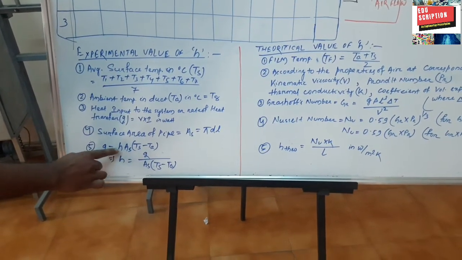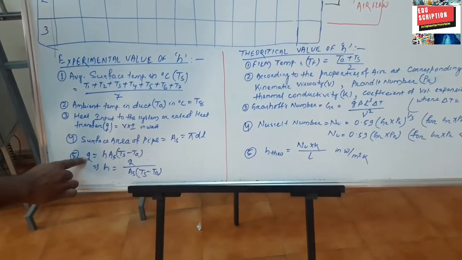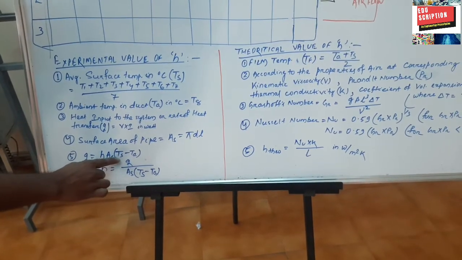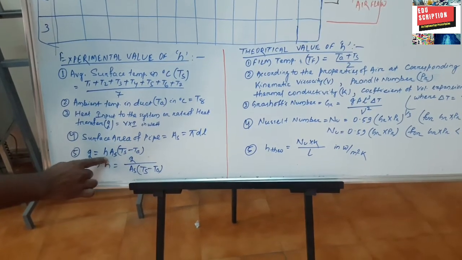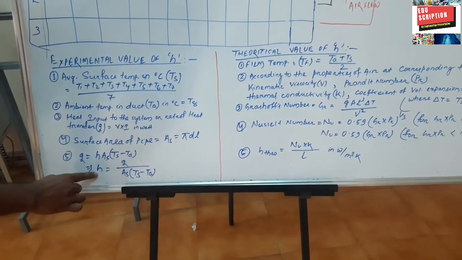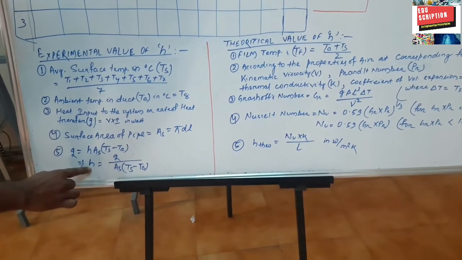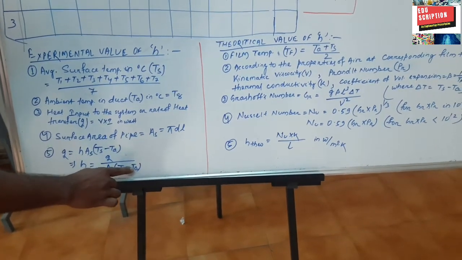From this formula, we know the value of Q, As, Ts and Ta. But here the unknown value is h. So we are going to find out the h value, that is the experimental value of h. So h experimental will be equal to Q divided by As into (Ts minus Ta).